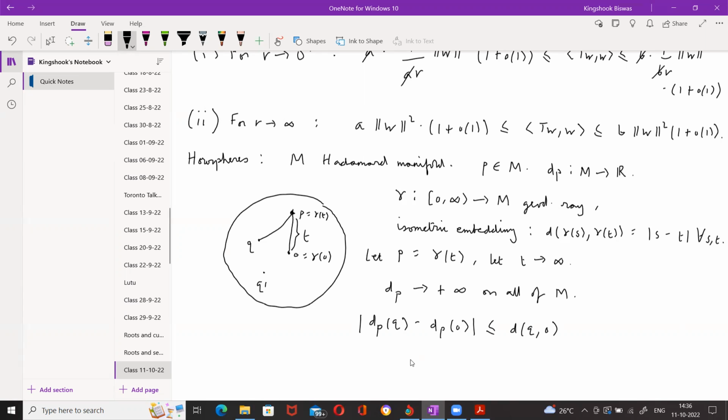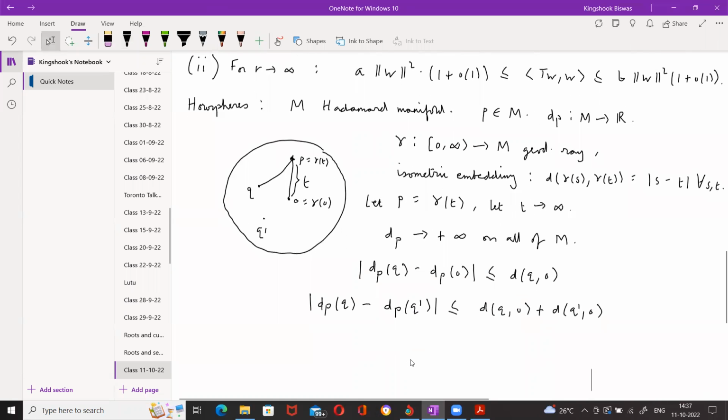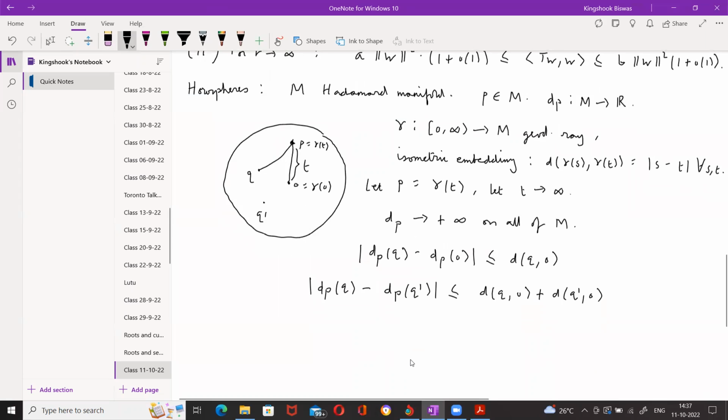So what does that mean? That means d_P(Q) minus d_P(Q prime) is less than or equal to d(Q,O) plus d(Q prime,O). Q and Q prime are fixed.